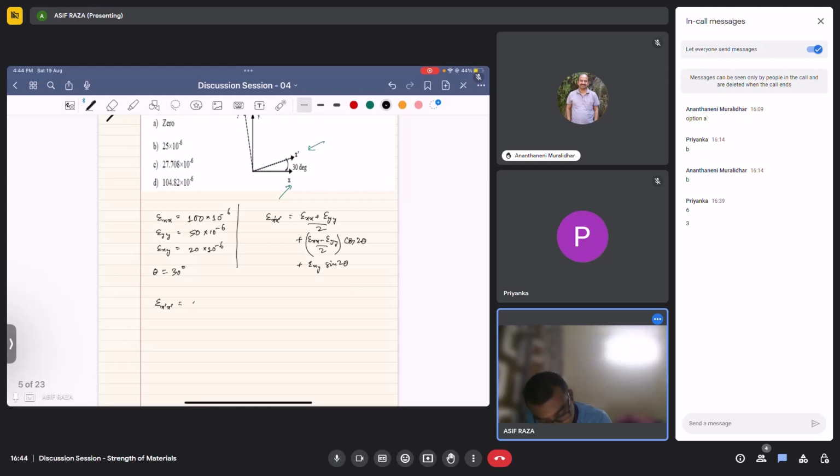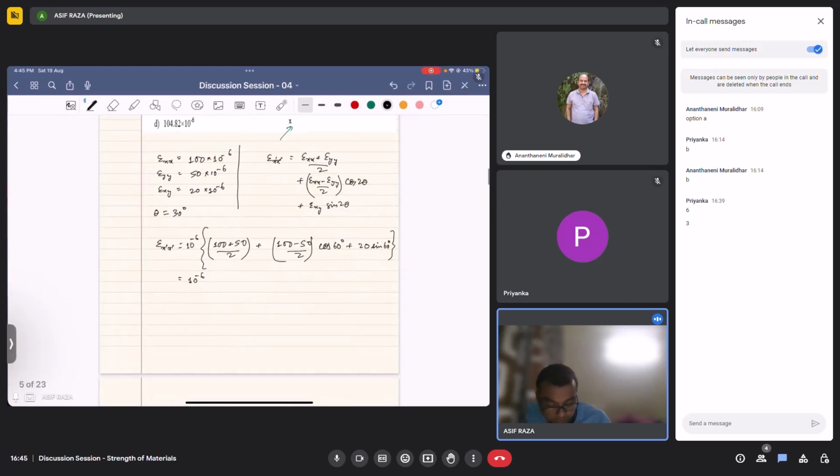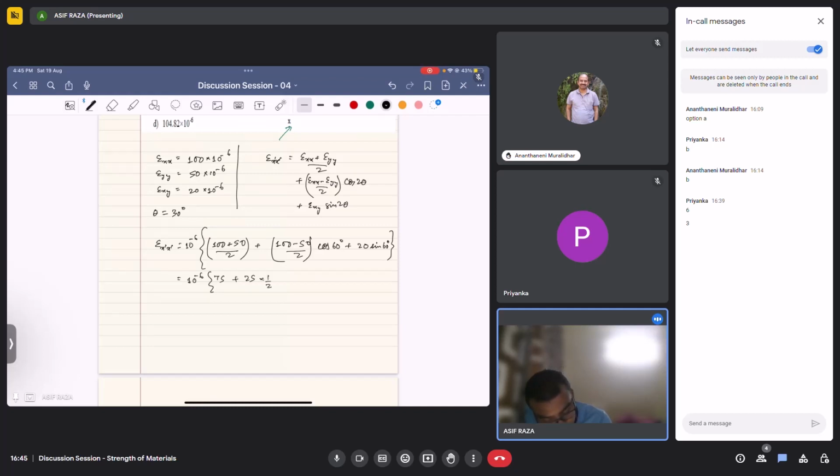I'll take 10 to the minus 6 outside throughout. It equals 10 to the power minus 6 times [(100 plus 50) by 2 plus (100 minus 50) by 2 cos 2 theta, that is 60°, plus epsilon xy 20 sin 60]. 150 by 2 is 75, 50 by 2 is 25, cos 60 is 1 by 2, and 20 sin 60 is root 3 by 2.